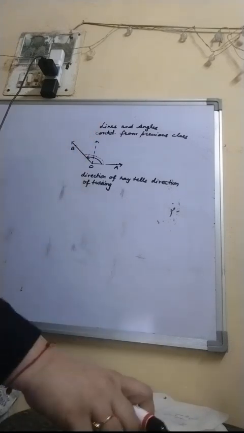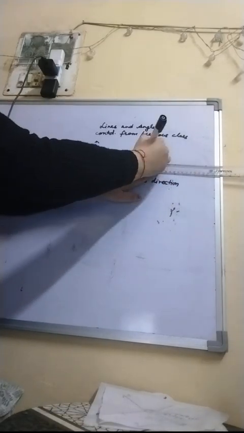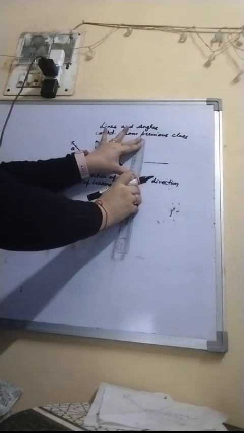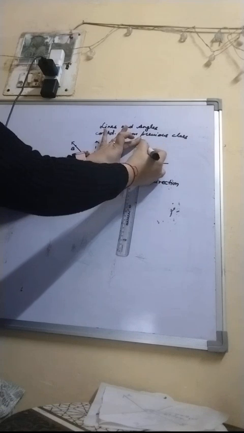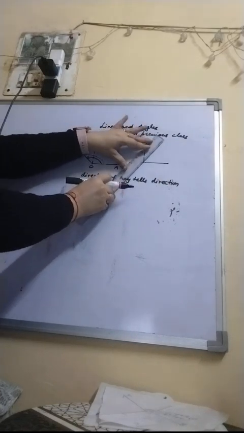What is acute angle that we studied yesterday? What was acute angle? Any angle which is on the right side of the 90 degrees. So right side means here.